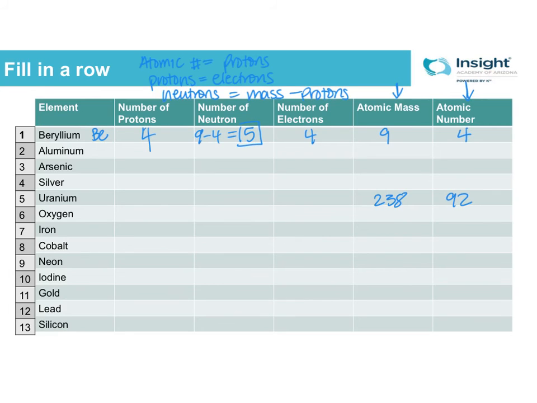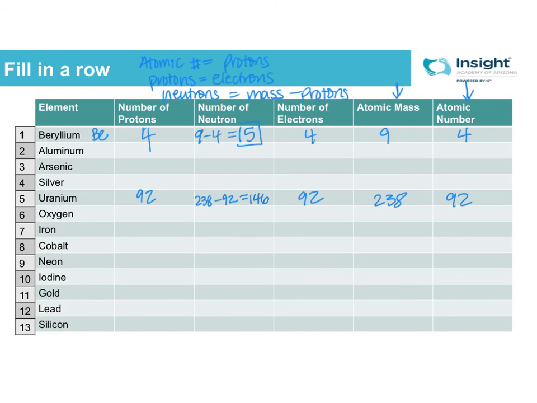Atomic number is equal to number of protons, so this is going to be 92. Electrons are going to be 92, so that we cancel out and become neutral. And then our neutrons are going to be 238 minus 92, which is 146, I think.